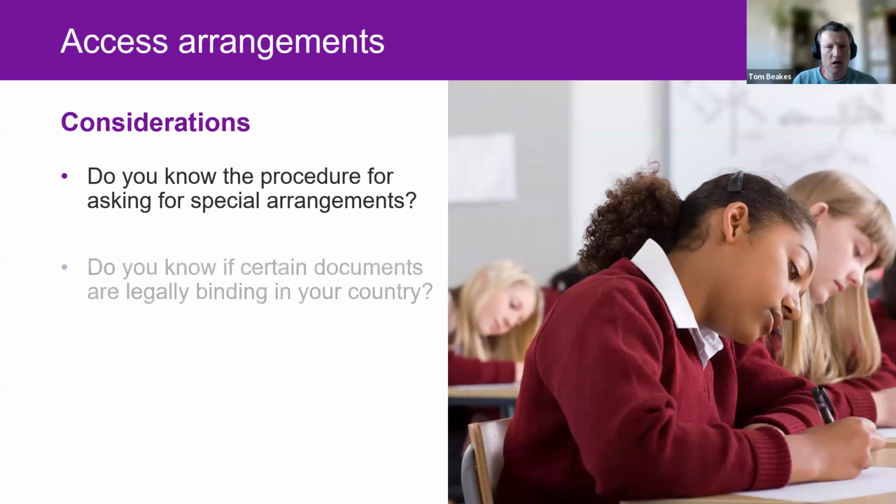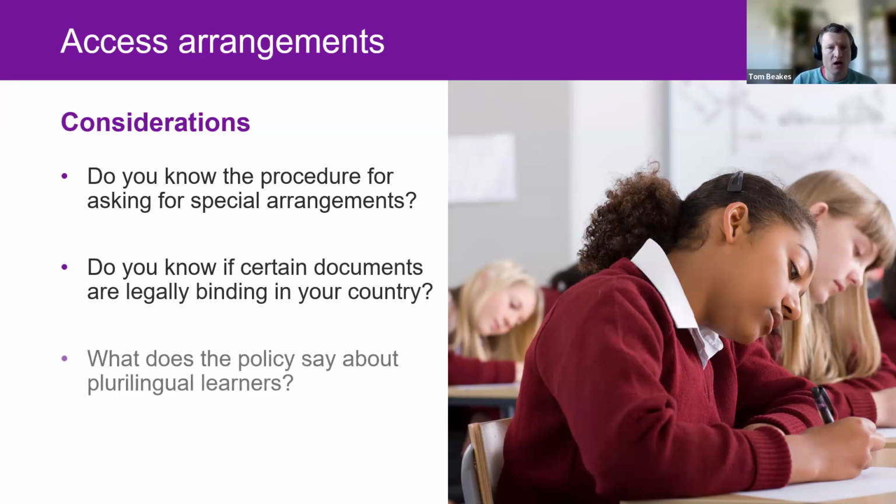The other thing to be really clear on is, do you know if certain documents are legally binding in your country? Because in some countries, there might be medical statements or individual learning plans that carry a legal obligation for that access to be provided. Certainly that's true here in the UK. And you might want to check what the policy says specifically about your EAL or plurilingual learners.